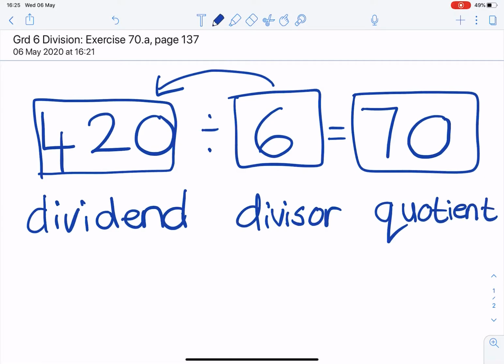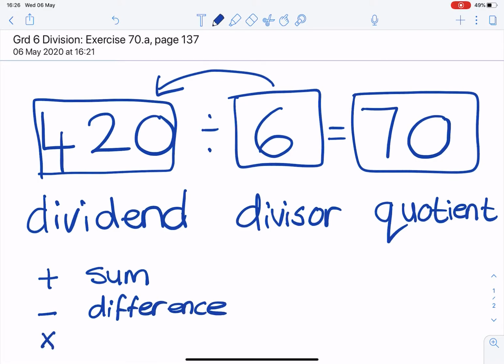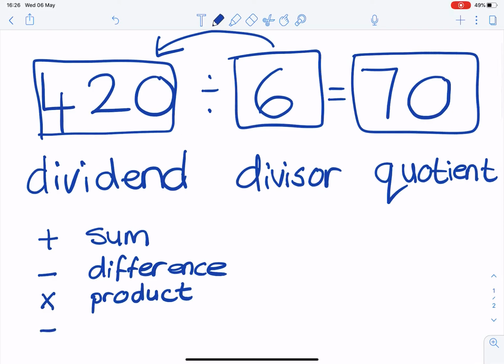Now, you've definitely heard me speak about quotients before, because remember, the answer to addition problems is the sum, the answer to subtraction problems is the difference, the answer to multiplication problems is the product. And now we've learnt the last one: the answer to a division problem is a quotient.